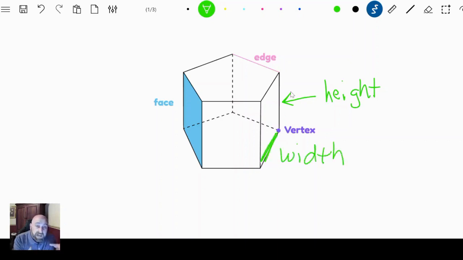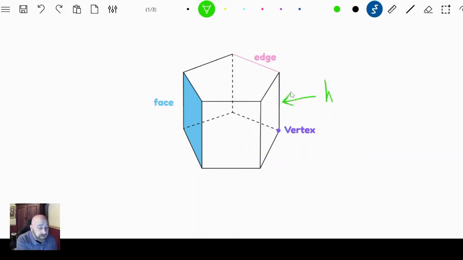That's how wide it is. All right, so where's the other dimension in this one? Well, the other dimension would be back here, and we could call this one the length. So you have a height going up, and then you have a length and a width. Those are the three dimensions of this shape, and if you'll notice, they come together at the vertex. All of the different dimensions meet at the vertex of the shape.